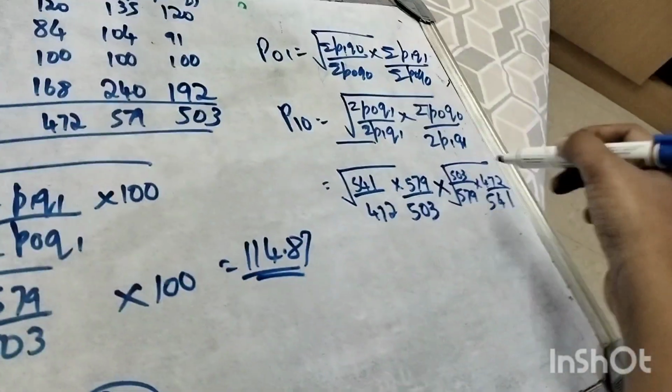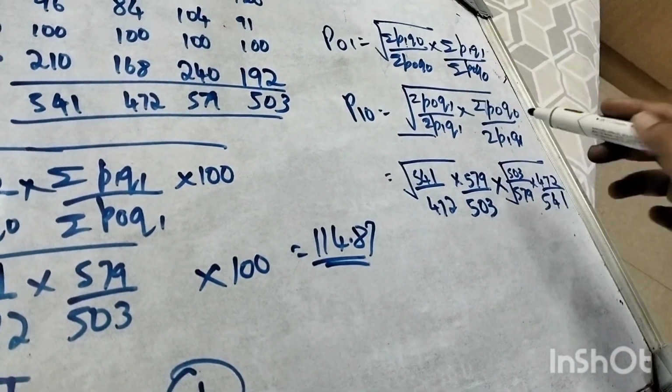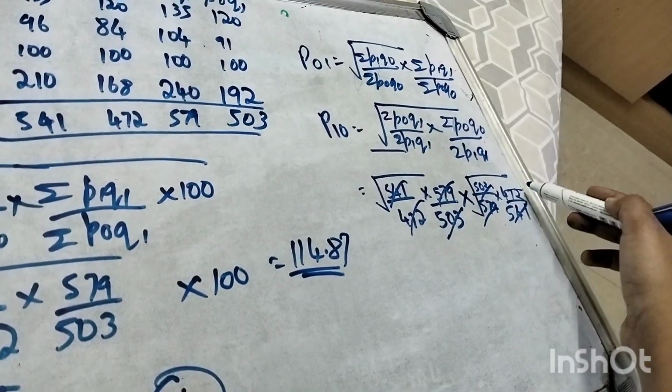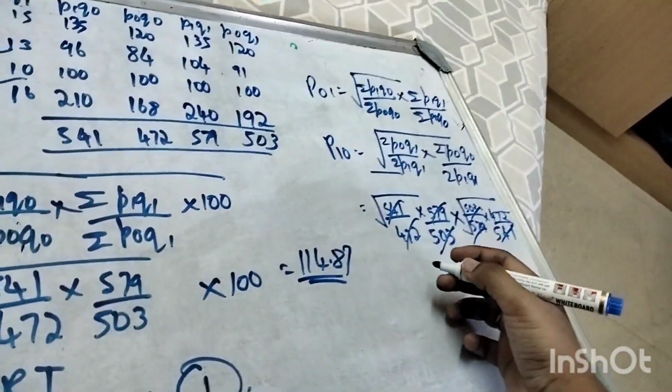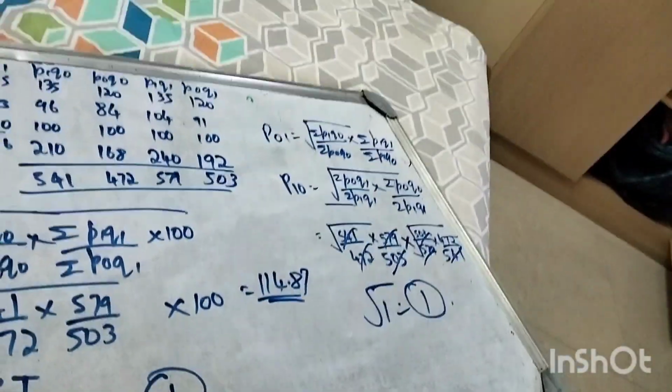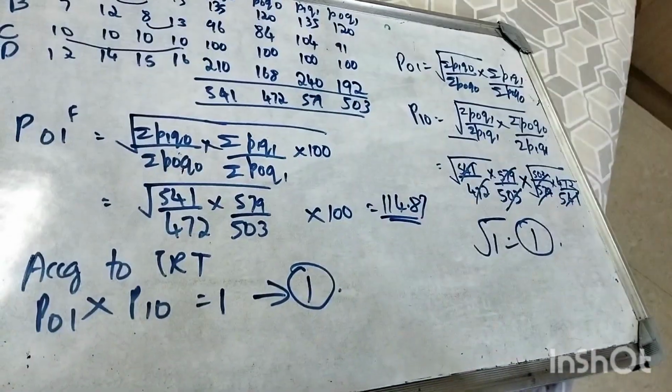If you see here, you can cancel everything. 541 goes here, 503, 579, 472. Everything gets scored out. So root of 1 is equal to 1. So Fisher satisfies TRT. Let's do FRT quickly.